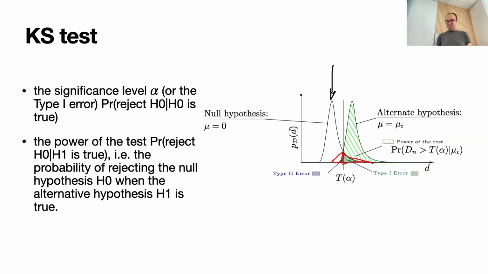Type 1 error is when we think that the sample is above the threshold, but the true value is not. The second scenario is we think that the sample is the same, but it is actually not. So these are the so-called type 1 and type 2 errors.